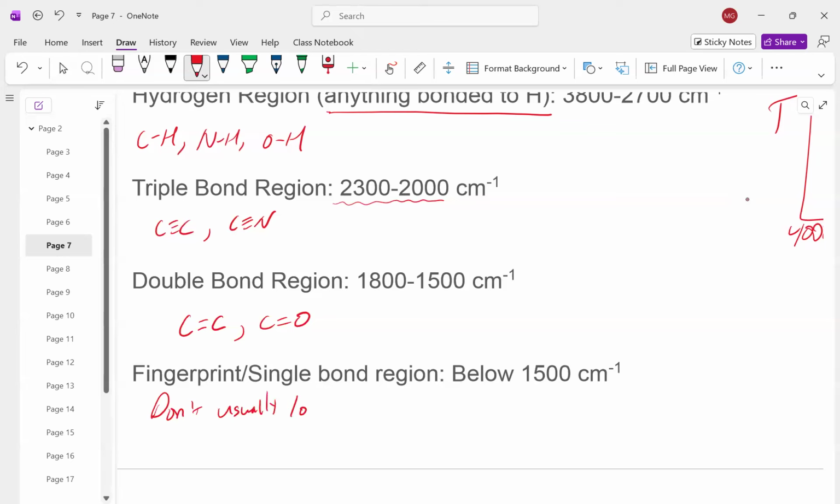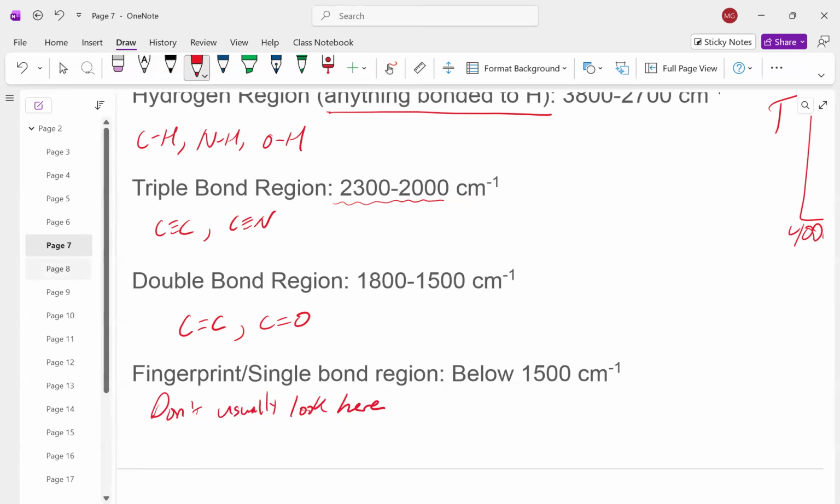Sometimes we do, but that's very rare. They call it the fingerprint region because all molecules will have a unique looking region here, much like a fingerprint. There might be a couple of similarities between similar types of functional groups like alkanes or alkenes, but they all have a unique fingerprint.